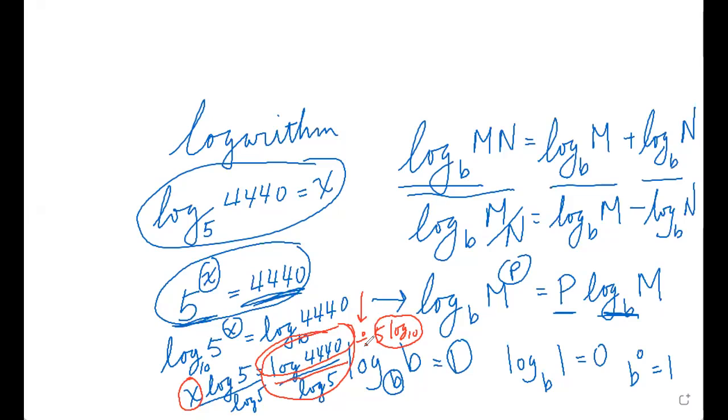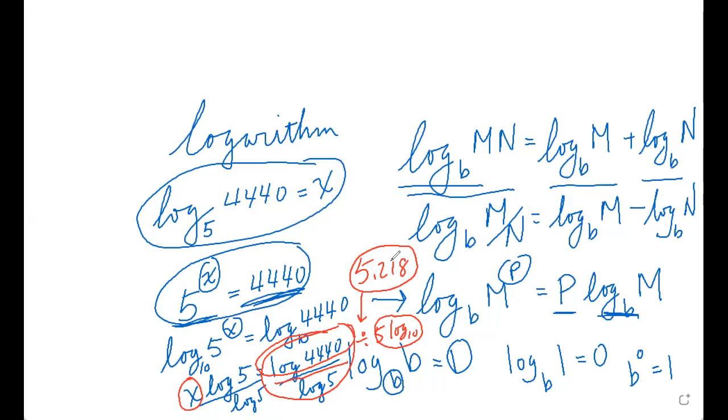So you don't have to worry. Okay, so let's do that on our calculator. I'm going to type in 4440 log base 10 divided by 5 log and I'm going to say equal sign, and it's going to come out to be 5.218. Okay, that is the answer.